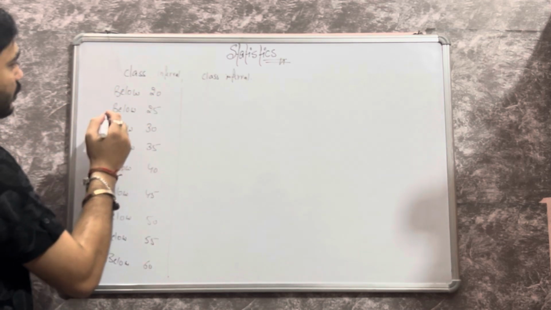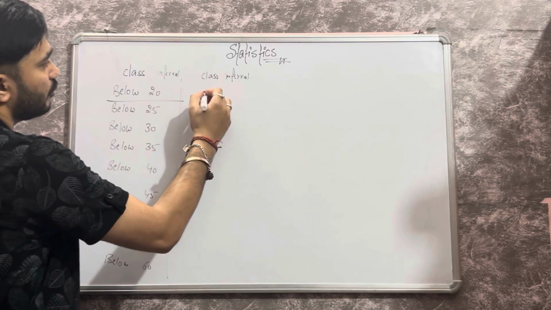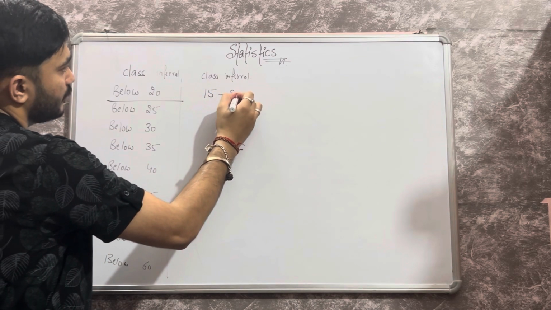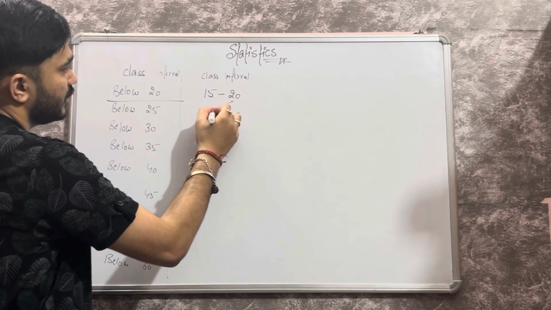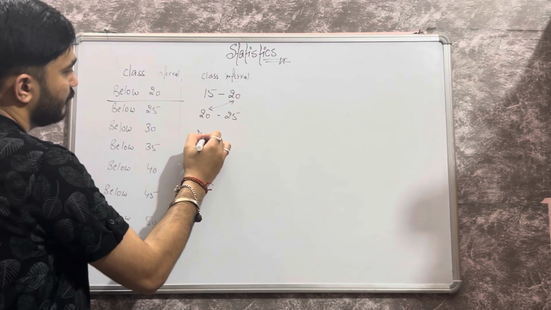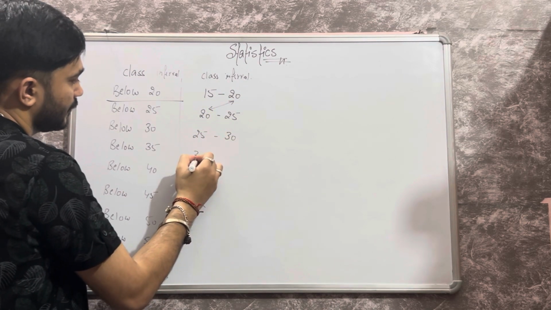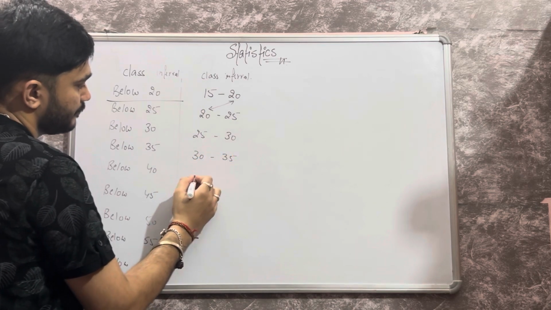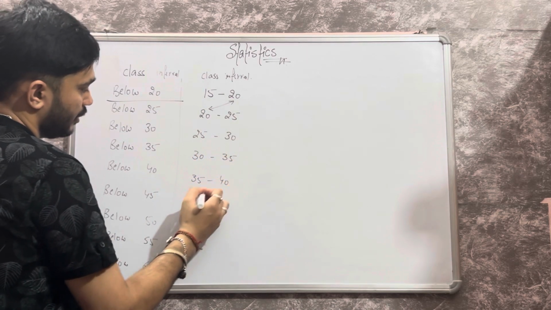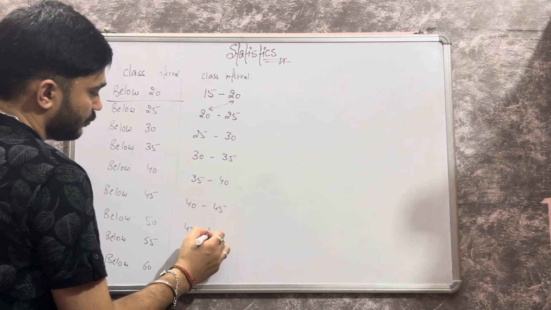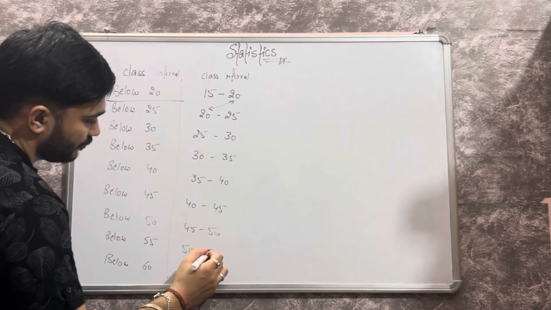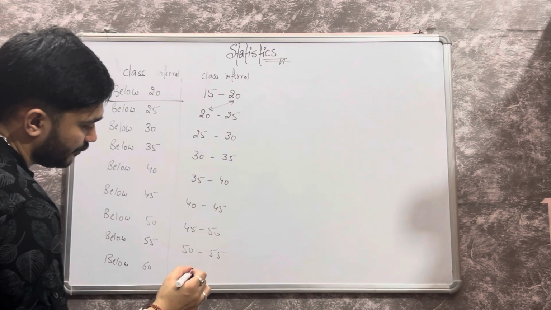So below 20 we write as 15 to 20, then 20 to 25. These two values should be the same. Then 25 to 30, 30 to 35, 35 to 40, 40 to 45, 45 to 50, 50 to 55, and 55 to 60.